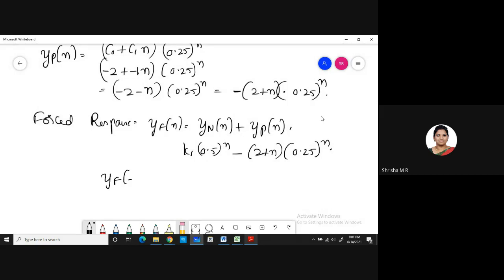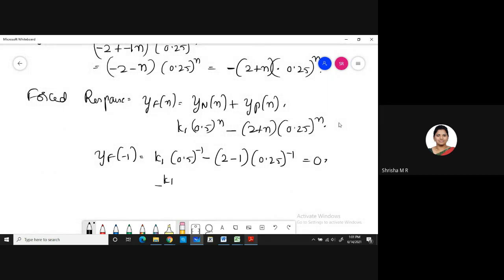So yf of minus 1 would be equal to 0. That would be k1 into 0.5 to the power of minus 1 minus of 2 minus 1 into 0.25 to the power of minus 1. Equate that to 0, and you tell me what is your k1.